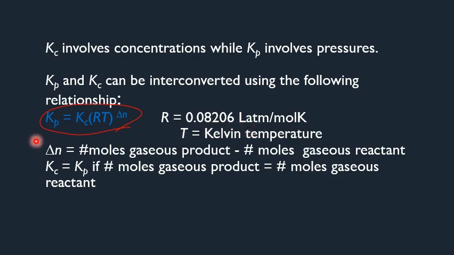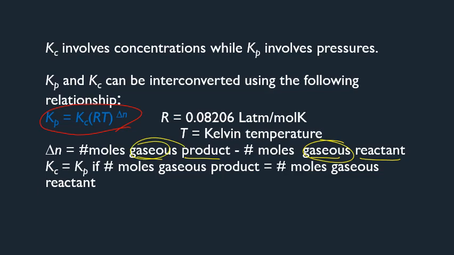Kp is the K expression using pressure, and Kc is the K expression using concentration. And Δn stands for the number of moles of gaseous product, that is important, gaseous product minus the number of moles of gaseous reactant, only gaseous.